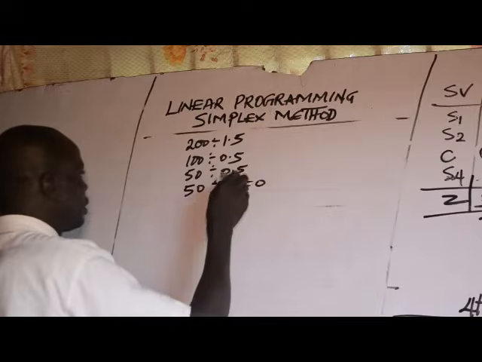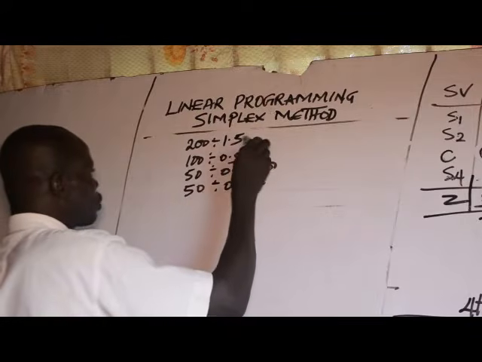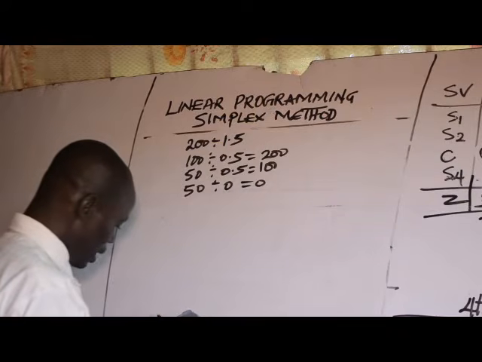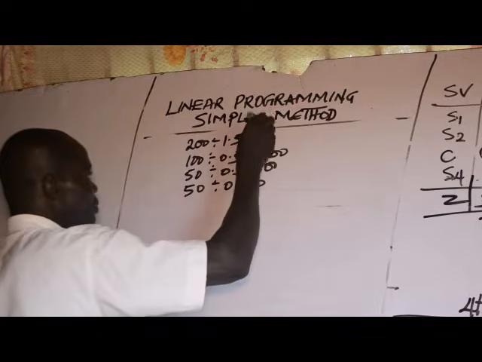This will be 0, this will be 100, this will be 100, and 200 divided by 1.5 gives us 133.